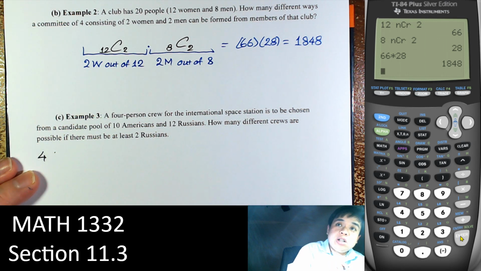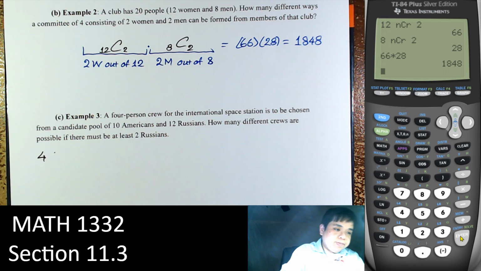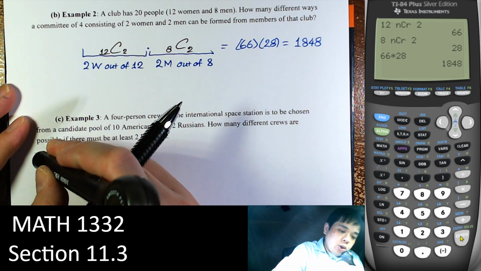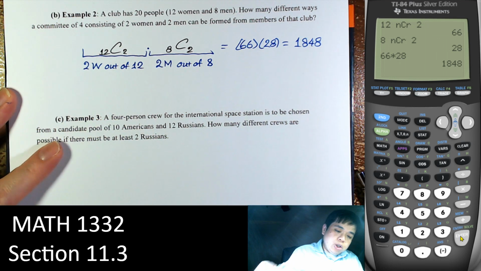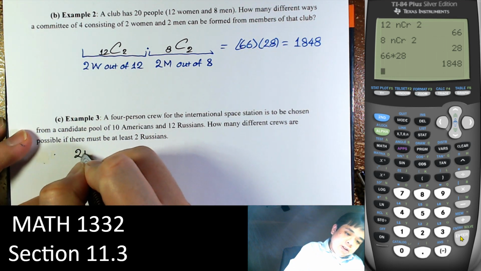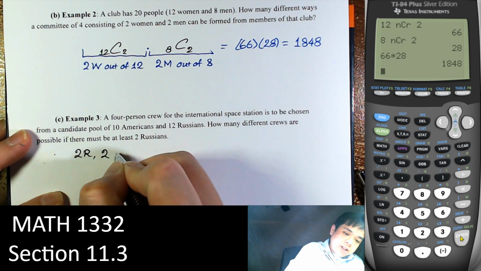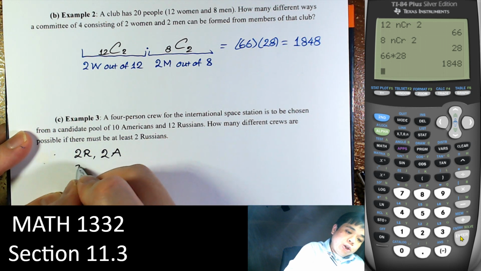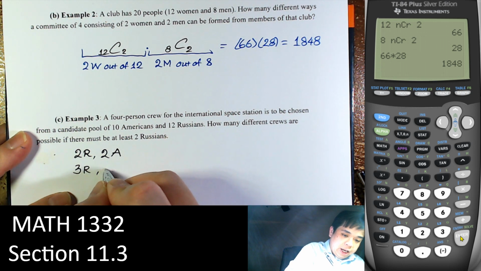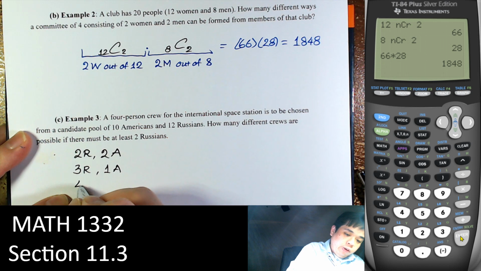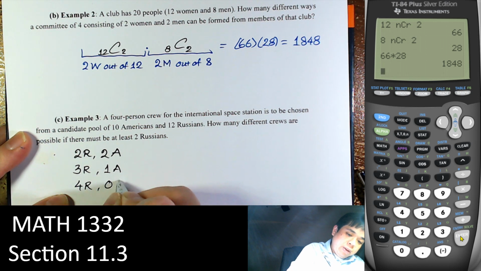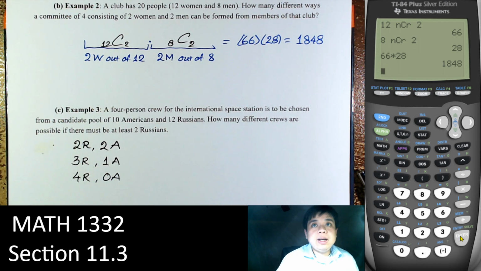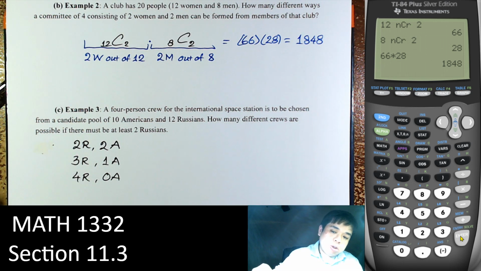At least 2 Russian, then the crew of 4. So, you can choose 2 Russian, then 2 American. Or you can choose 3 Russian and 1 American. Or 4 Russian and 0 American. So that's what you can choose. Those are the options. Because you want at least 2 Russians in that International Space Station.